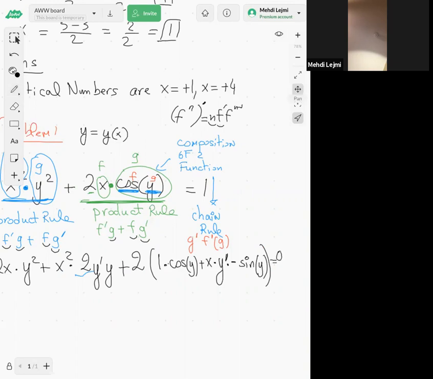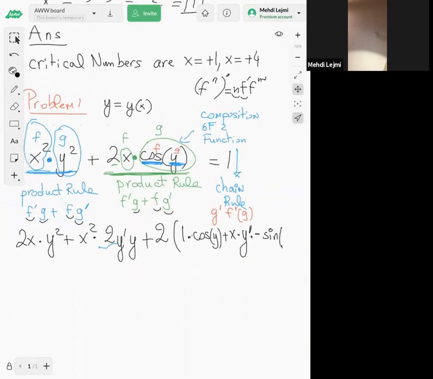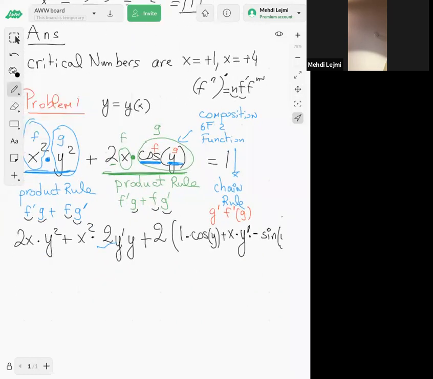So what we are saying, guys, is that, let me write it down here again. So it's 2x y squared plus x squared times 2 y prime y plus 2 times cosine of y.